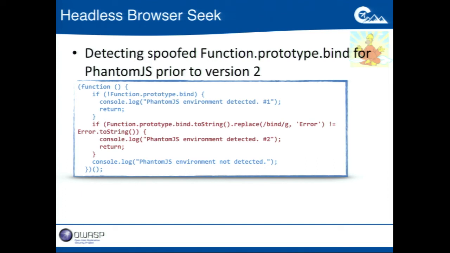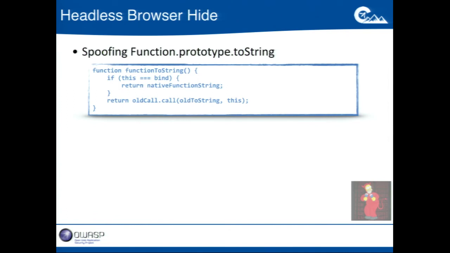But if the function is defined natively, the content will be something like native code. So by doing this, you can test whether bind is spoofed or not. But toString is also a function, so we can actually spoof toString, right? It will look like this: if this is bind, then we return a native string that looks like bind. Otherwise, we just call the original toString.